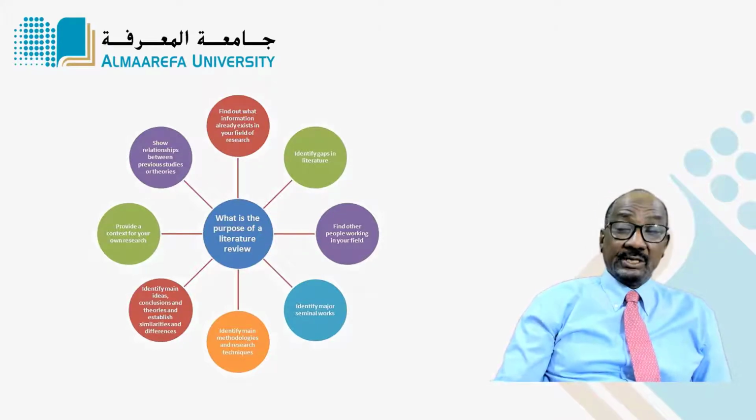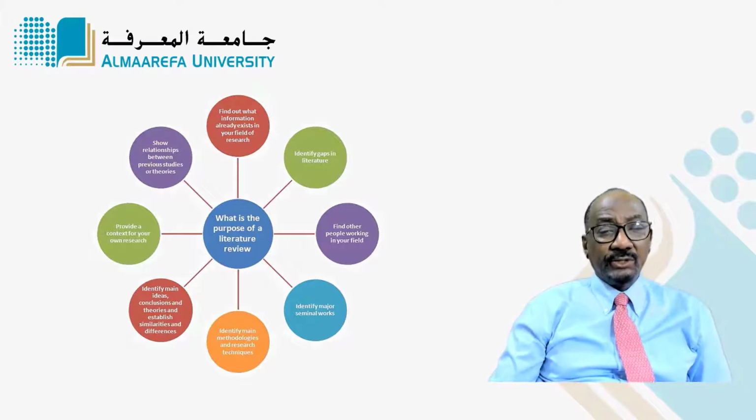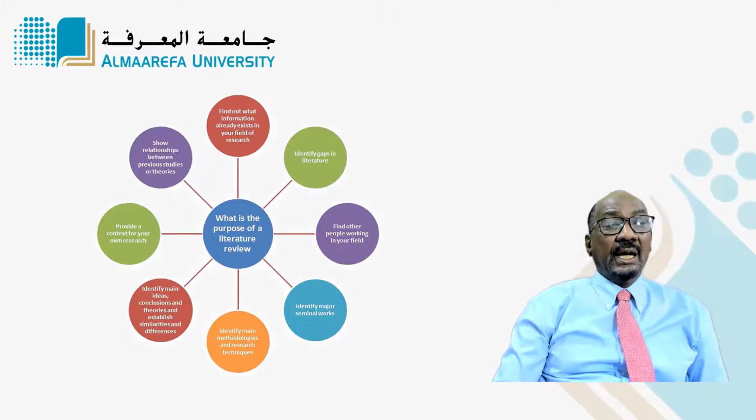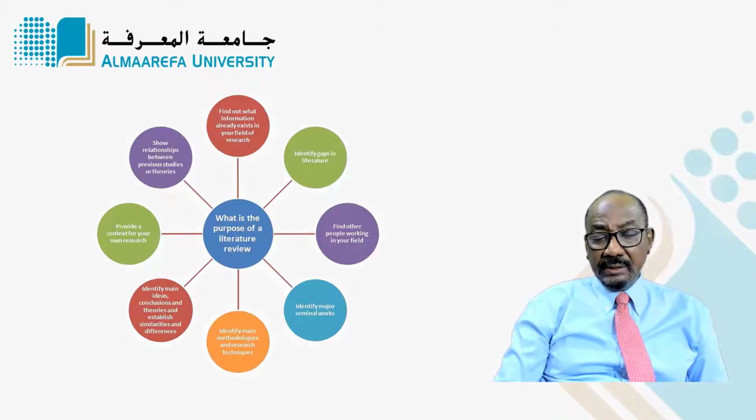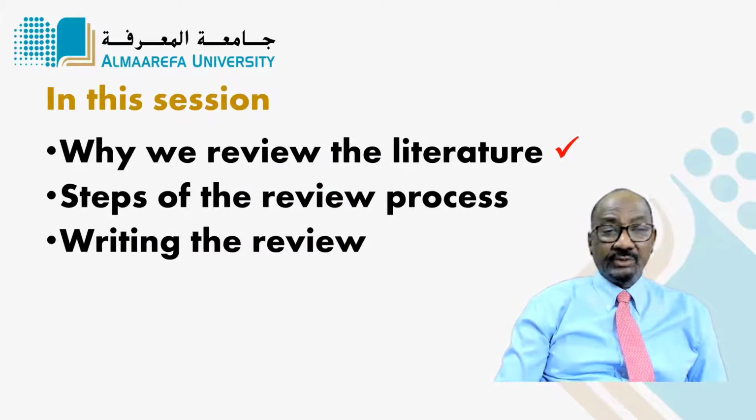We call it the scoping, the different type of scoping. It helps you define the scope of your research, and then it will show relationships between previous studies or theories. So this is one way of defining purposes or uses of the literature review.